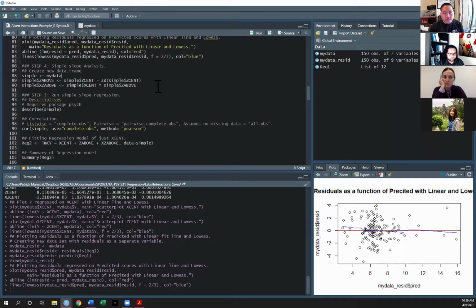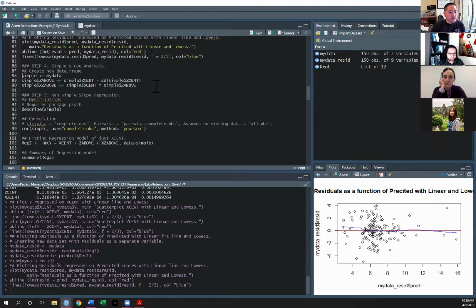And so at the end, we'll have a simple regression equation one standard deviation below the mean on z, a simple regression equation at the mean, which we already have, and then a simple regression equation one standard deviation above the mean on z. And again, this will make a lot more sense once we look at the plots. I think that'll tie everything together nicely.